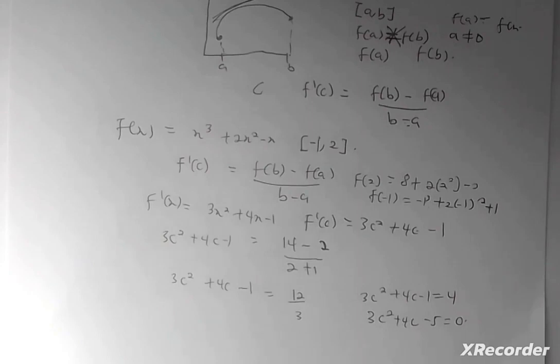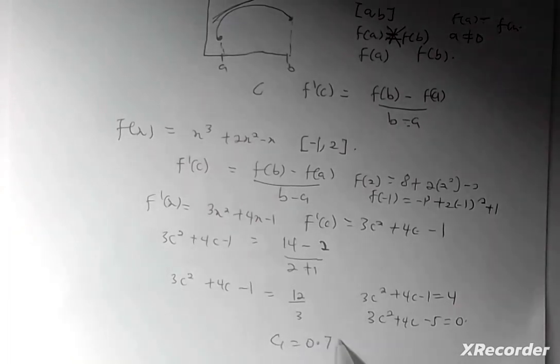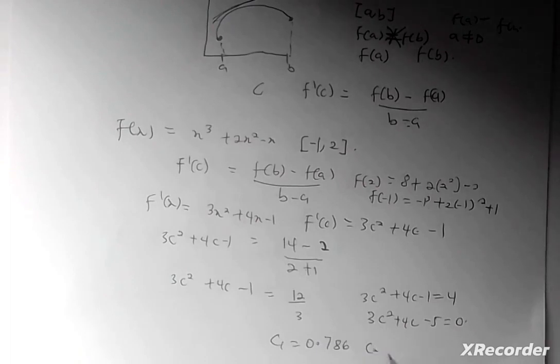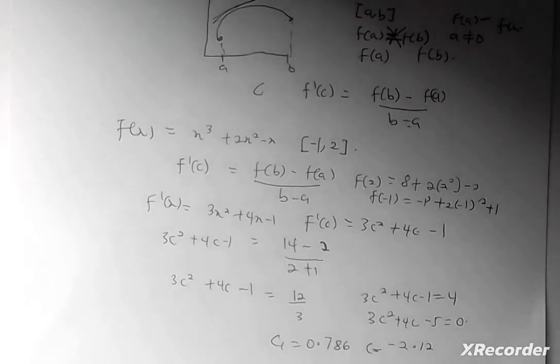I have 3, 4, and -5. So my c1 is equal to 0.786, and my c2 is equal to -2.12. This is simply how we go about finding c in the mean value theorem, and the same holds for Rolle's theorem.